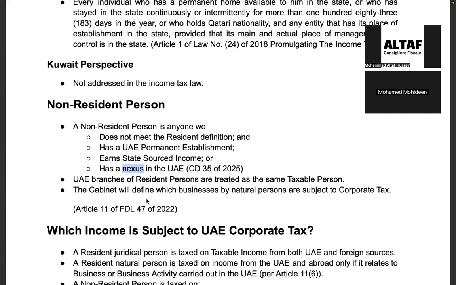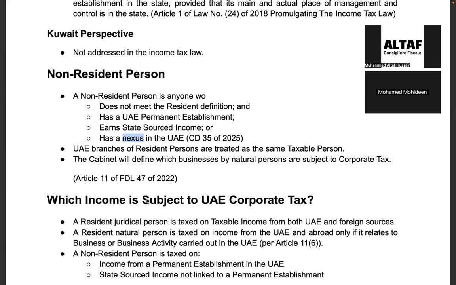One category we're going to see later on is called economic nexus, and that is now being widely acknowledged by the OECD. Under the latest nexus rules, if a non-resident person is constantly earning income from another country and the revenue level has reached a high level, let's say $100,000 or something, just an arbitrary figure, it may be considered a nexus, although he doesn't have a branch there or a trade license, but he's still earning income.